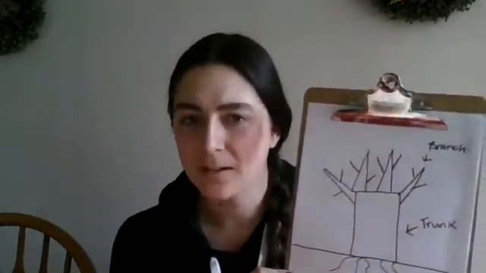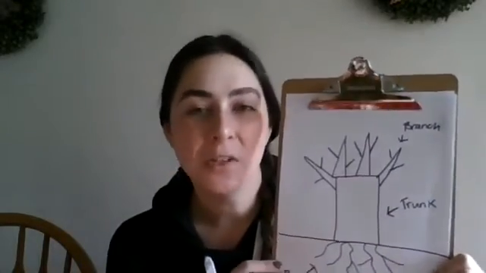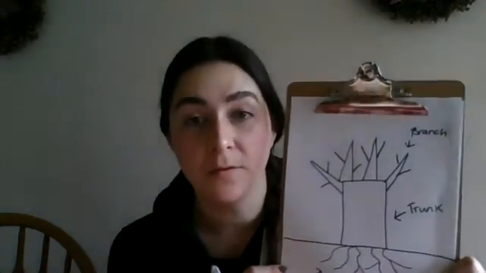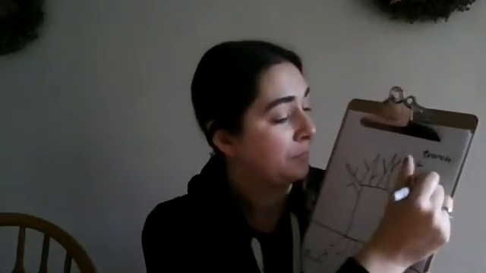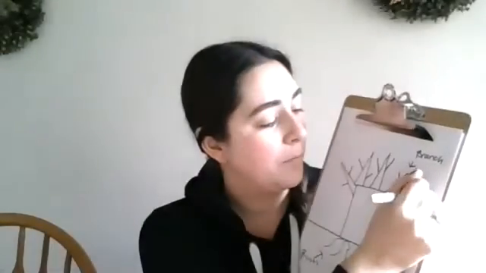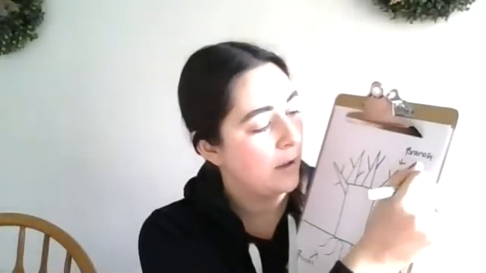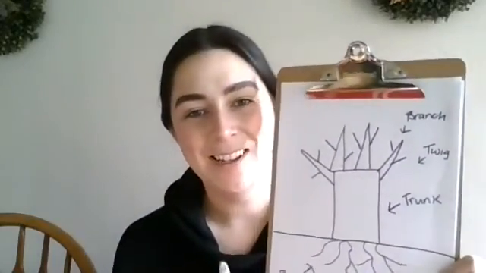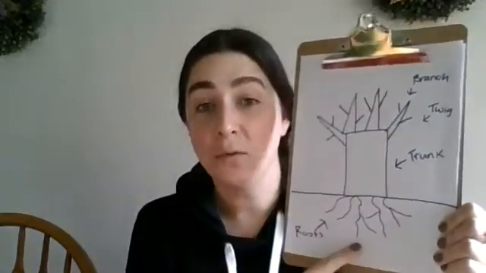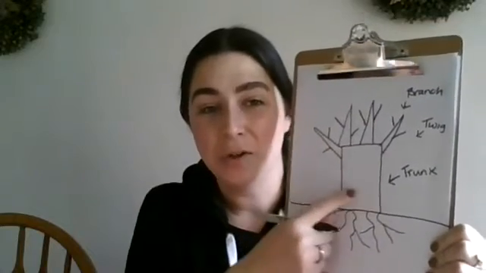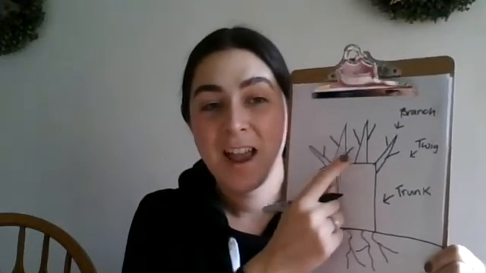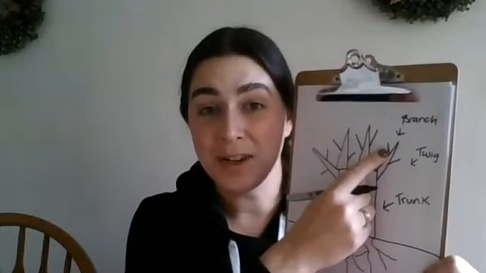Can you say twig? Twig. And the twigs are the smaller, woody parts that grow off of the tree branch. So here is my arrow, and twig starts with T, twig. So now we have our tree roots, our tree trunk, our tree branch, and our twigs on the tree.